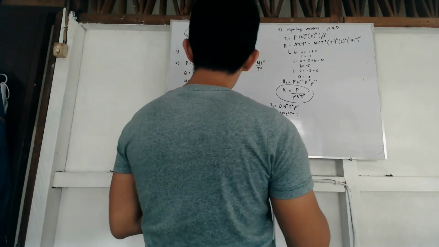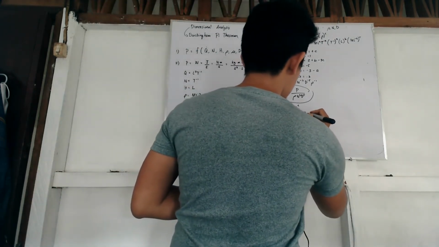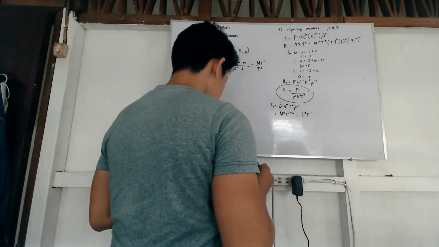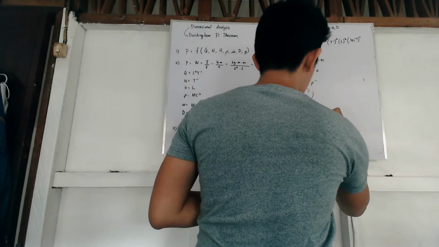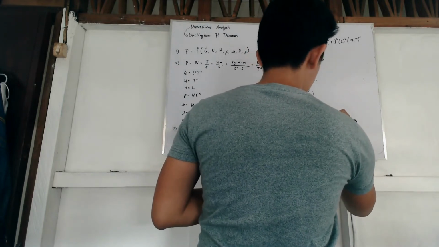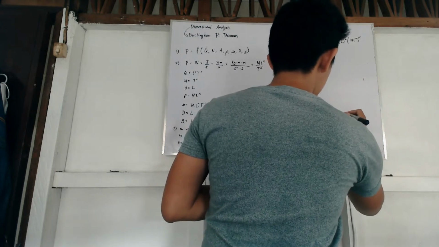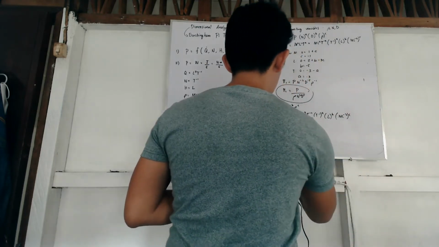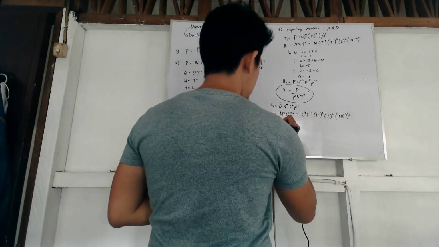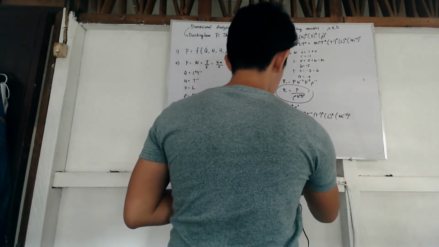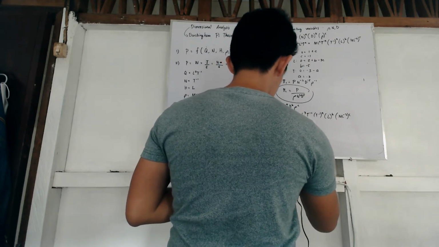And then, your Q is L3, T negative 1. T negative 1 raised to A, L raised to B, M L negative 3 raised to C. So, for M is equals to 0.